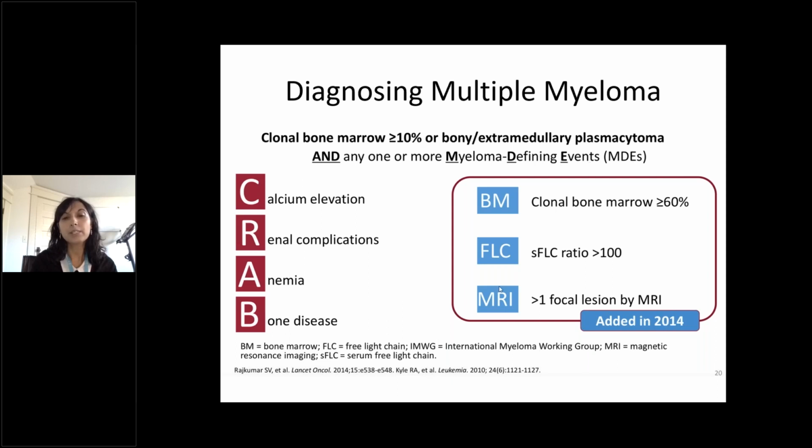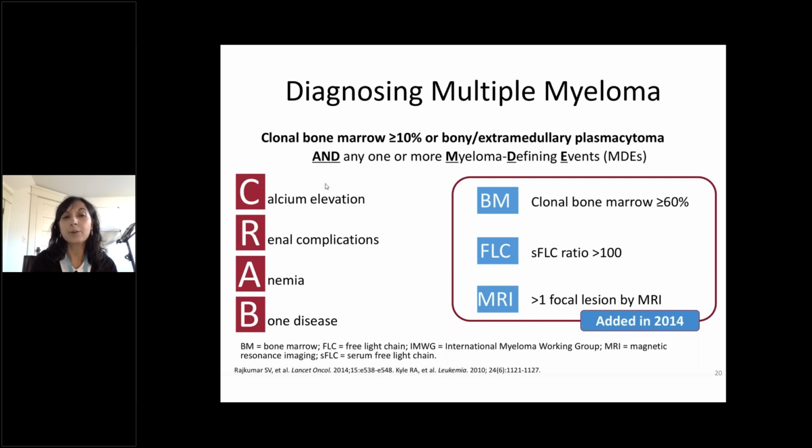Prior to 2014, it was quite simple. We used something called the CRAB criteria, a very helpful acronym that tells us about the end organ effects of the plasma cells and how we recognize multiple myeloma and identify it as something that needs treatment.